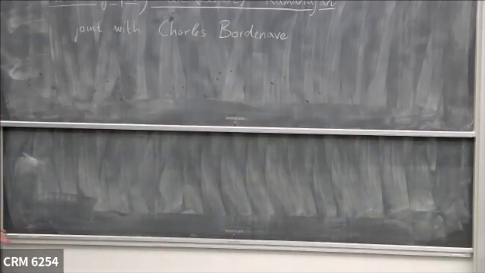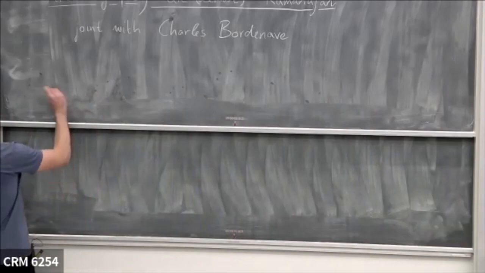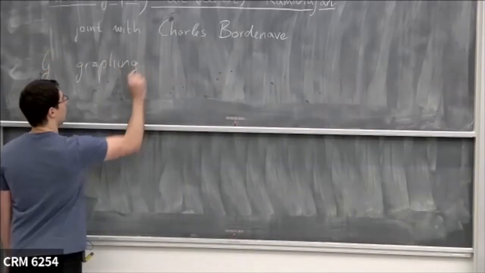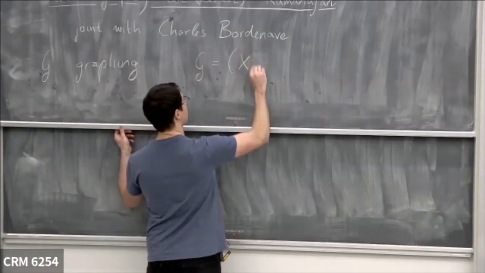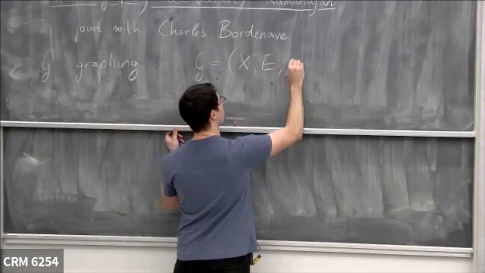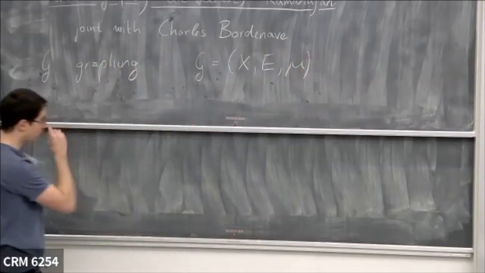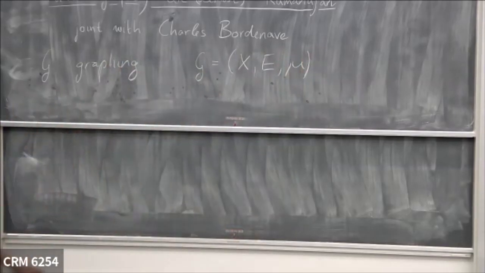But to be just a little bit more specific, I want to start out with the graphing G. What that means for me is, it's a graph. It has some vertex set, edge set, and some measure on the vertices. We've seen them a lot last week.